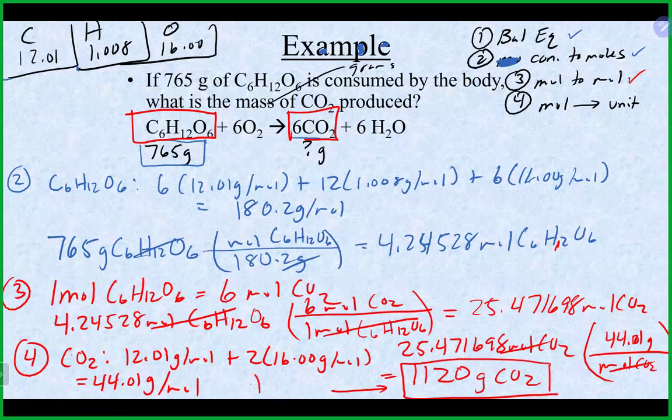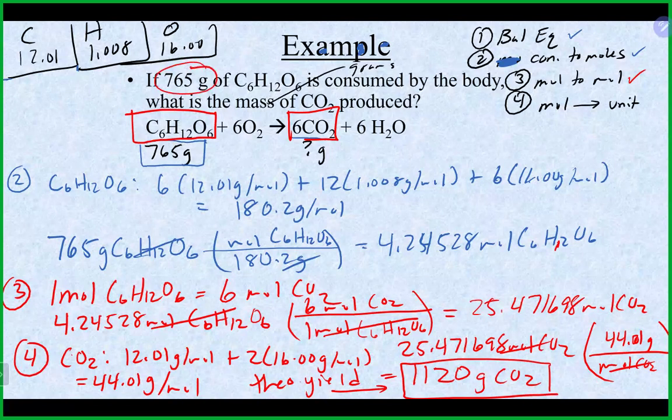Again, this would be our theoretical yield, as it's a product. Remember that a yield is a product, and this is based on what we're looking for. You get something like 1,121 on your calculator, going with 3 significant figures off of 765, which is really the only number in the problem.